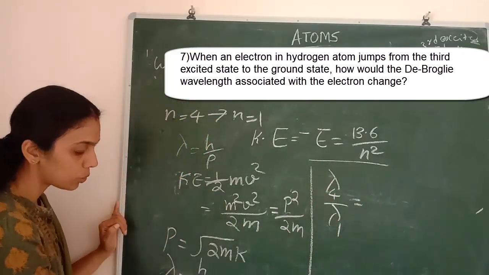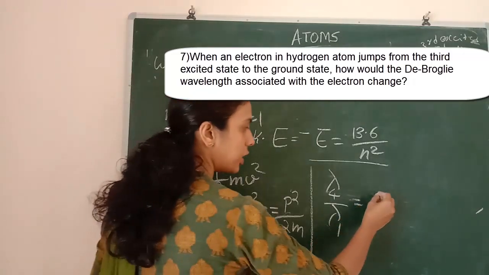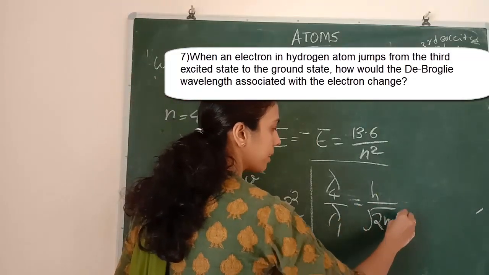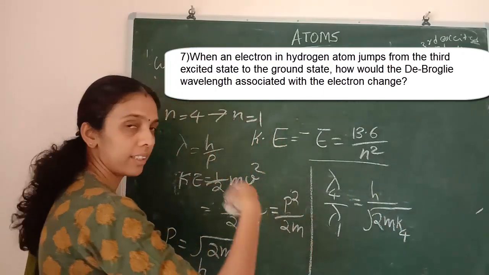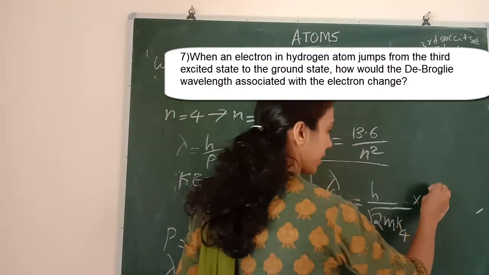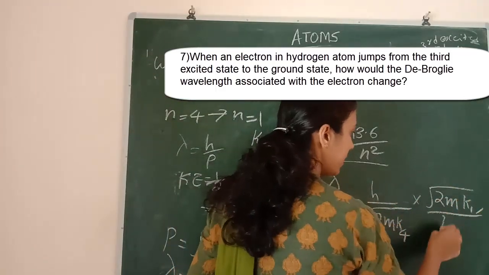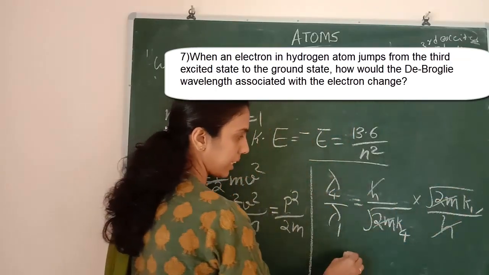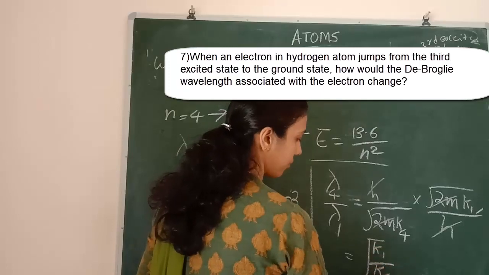H by root 2mK is the formula for lambda. So h by root 2mK4 divided by lambda 1. Take the reciprocal and multiply. So root 2mK1 divided by h. Root 2m will get cancelled, leaving root of K1 divided by K4.